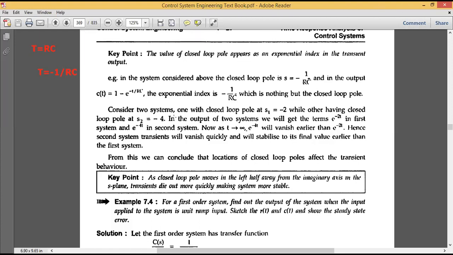This is how we index the values of poles. And what is the output for those poles? The output of the two systems will be e raised to minus 2t for the first system, and e raised to minus 4t for the second system. This is how we write the values for the given poles.